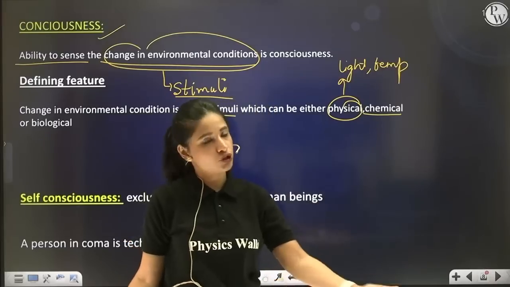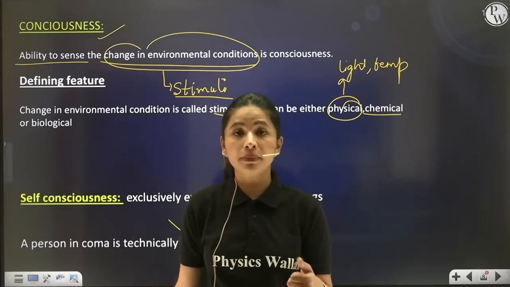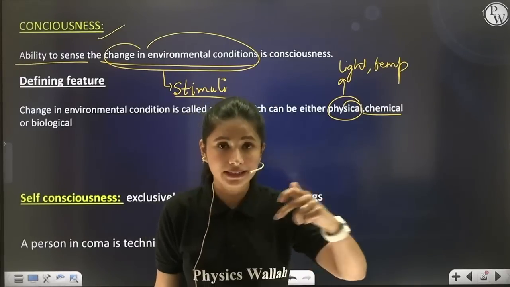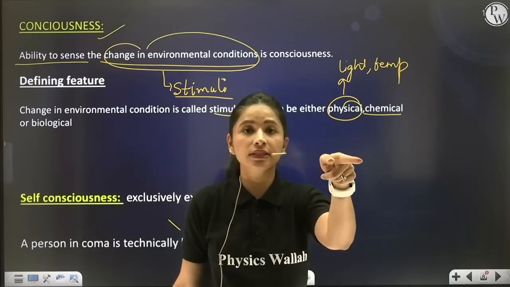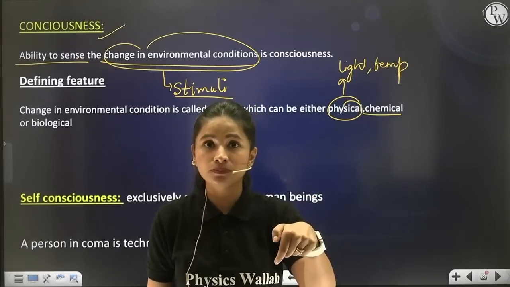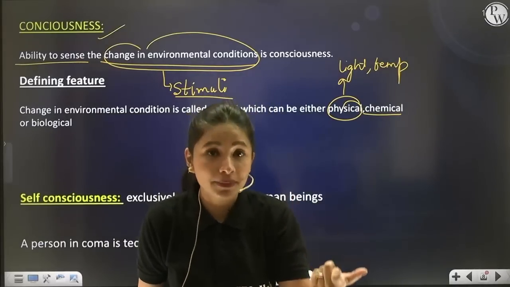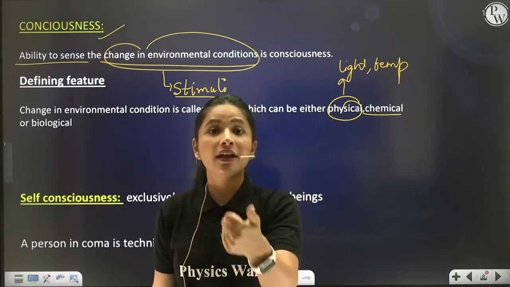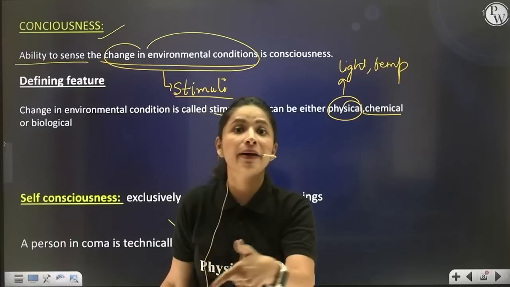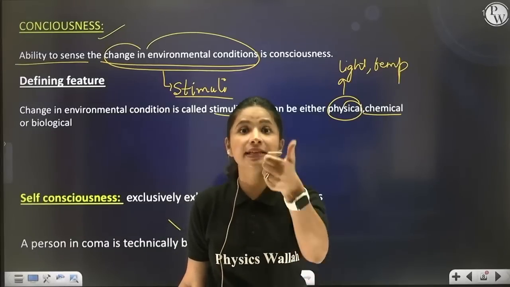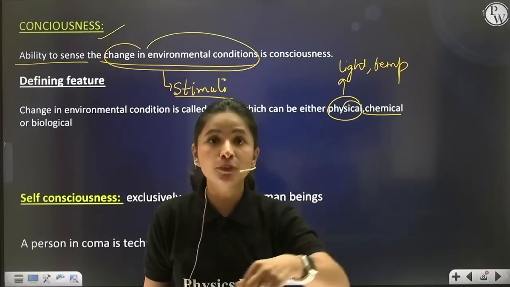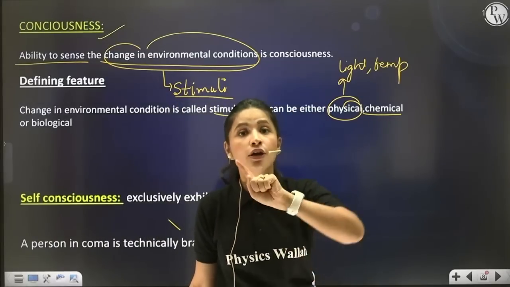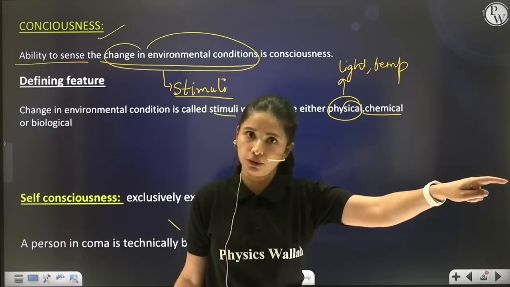Chemical also, a stimulus can be chemical, like for example in bryophytes and pteridophytes, the antherozoids, that is the male gamete, move towards the female gamete in response to chemicals. Pollen tube grows towards the ovule in response to chemicals secreted by the synergid. They are called chemoattractants. So that pollen tube is showing what? It is showing consciousness behavior. It is showing response to that chemical stimuli.